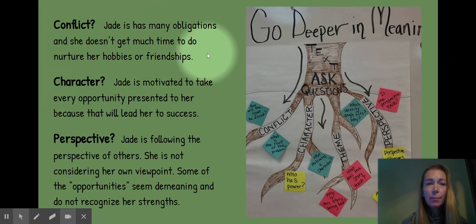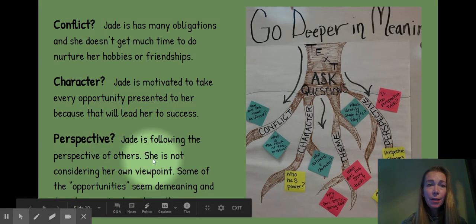Jade has many obligations, and she doesn't have much time to really nurture herself. She's all about filling those obligations others want her to do to be successful. Her character is motivated by taking every opportunity to please her mom, to please her guidance counselor. She just wants to do all the right things so she can be successful.